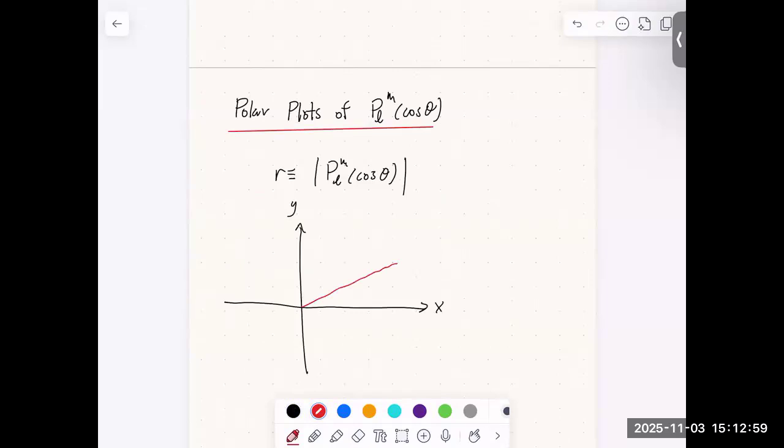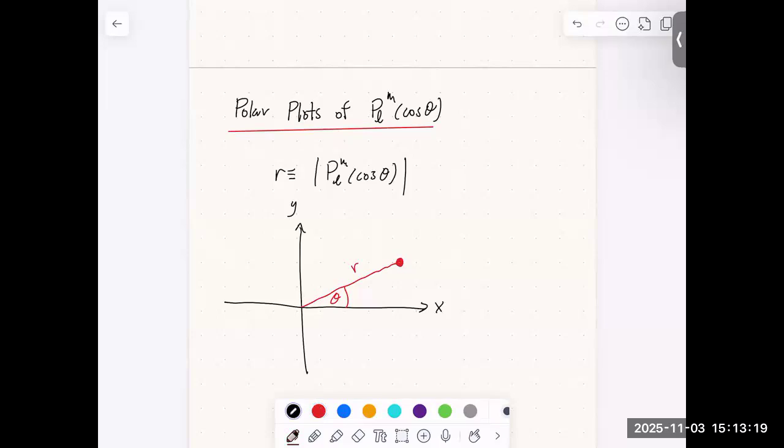So I'm going to plug in a value of theta to this expression, and I'm going to find the length of r. So this is going to be r, and then I'll put a point at the end of my little r vector, or my r line. So let's do an example.